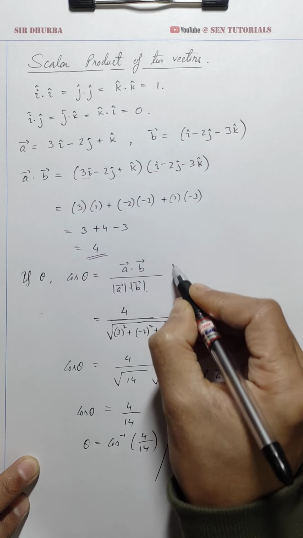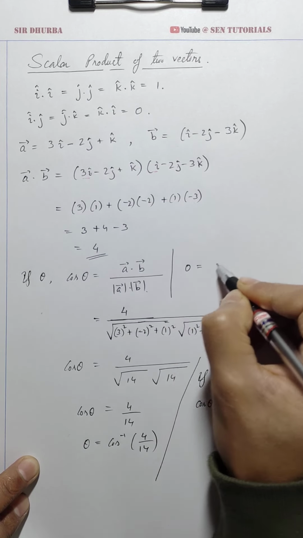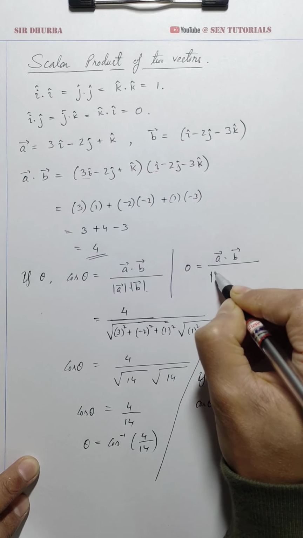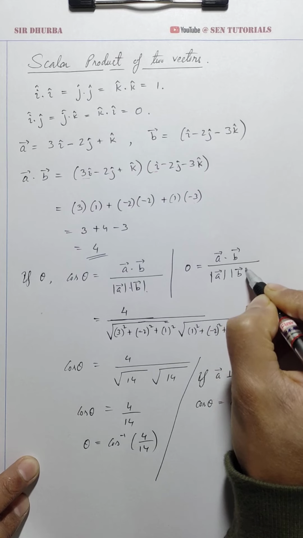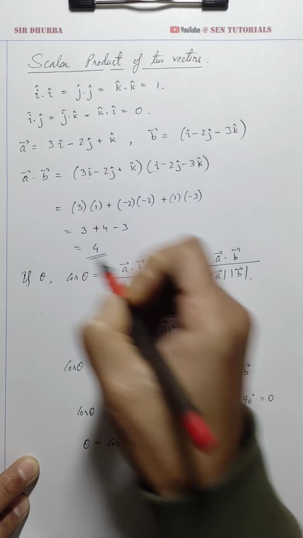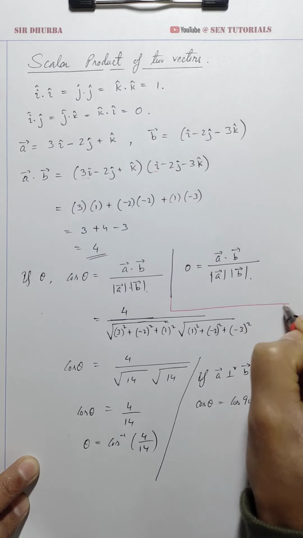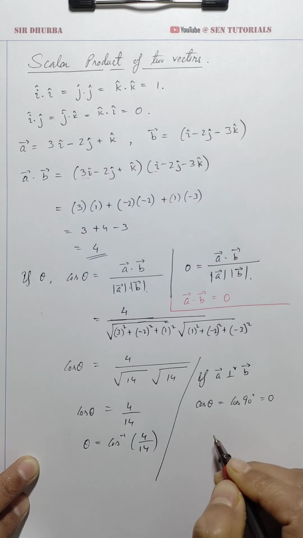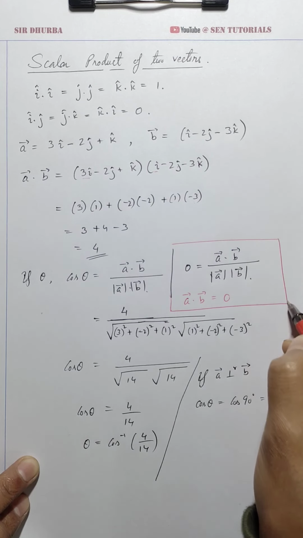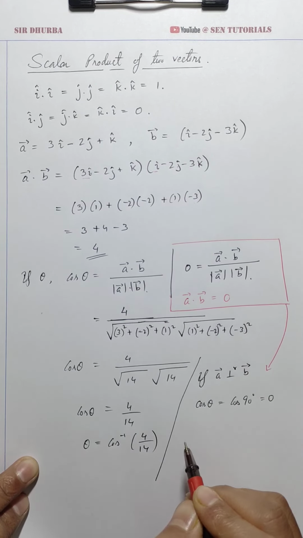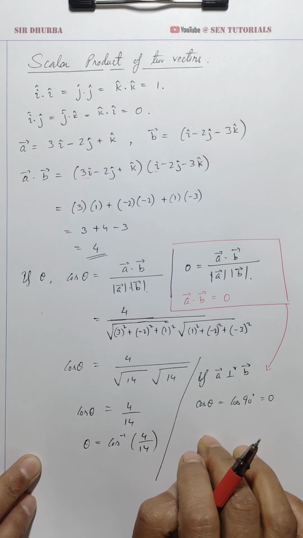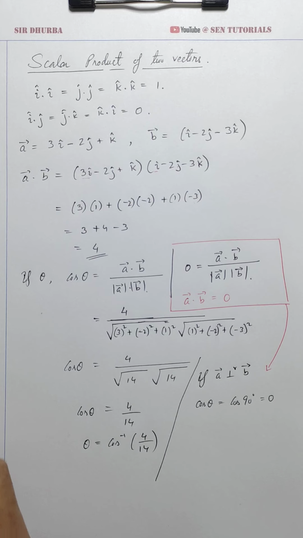So if we apply that in this formula, 0 equals a dot b by magnitude of a into magnitude of b. That would mean that if the two vectors are mutually perpendicular to each other, then the dot product of those two vectors will be 0. All right, clear? So this is how we go for the dot product of two vectors.